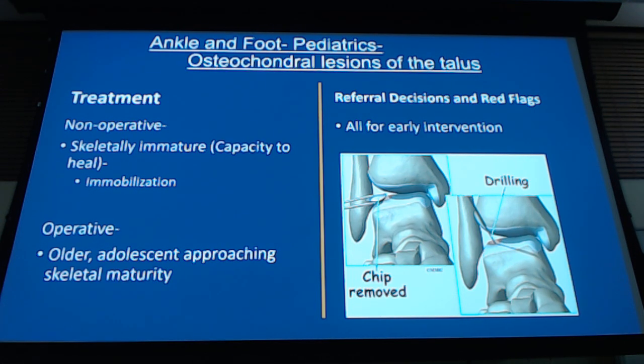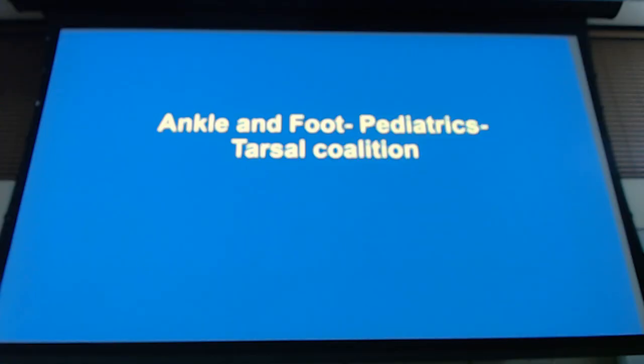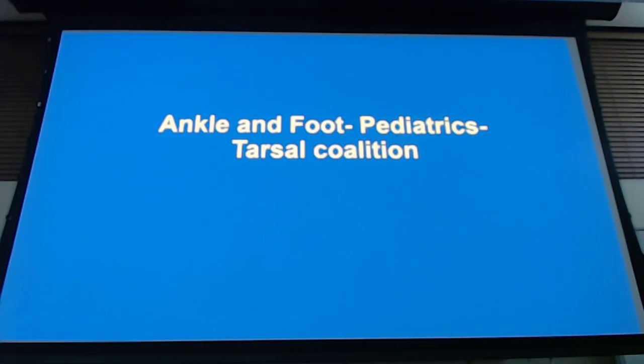Now we just use cameras, put a couple of portal holes in there, and do everything arthroscopically, using cameras and a couple of ports. If a fragment is floating around, we can remove it and fill that void with some cartilaginous material. Questions or comments about that?